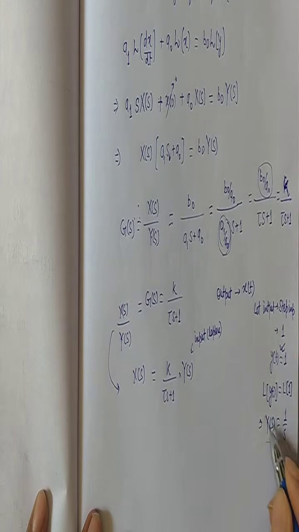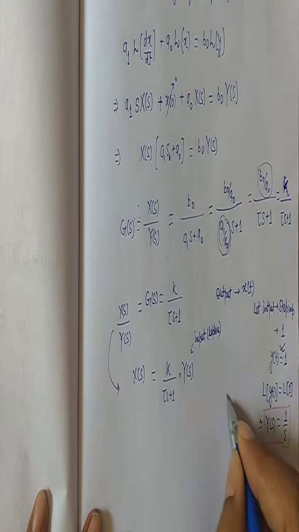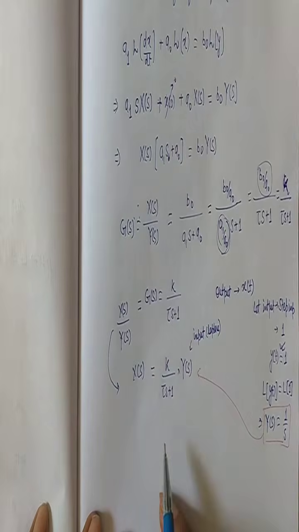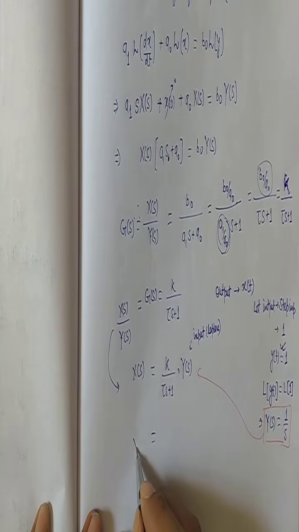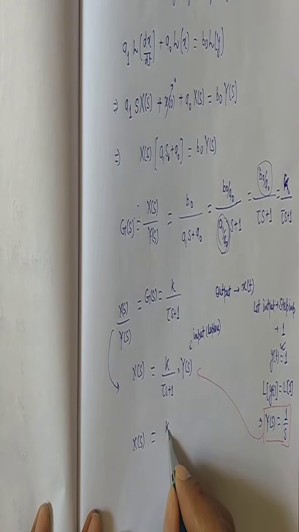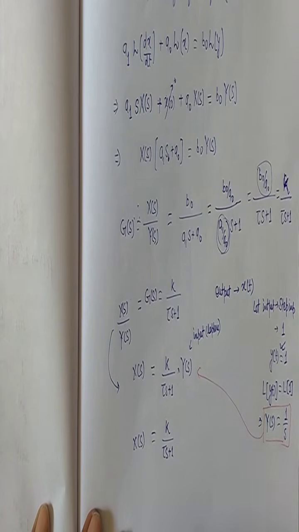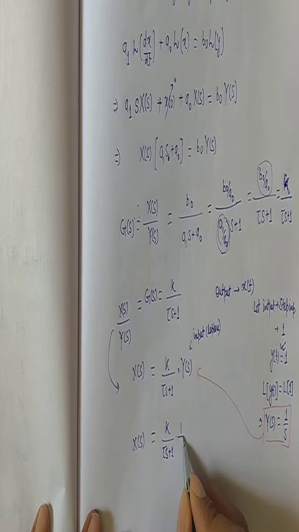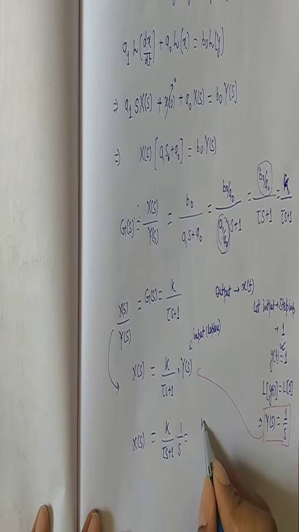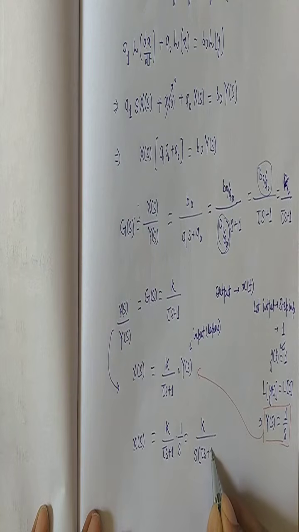Now this I substitute here. So what I get, the output X(s) as k by (tau s plus 1) times 1 upon s. So essentially I am getting k by s times (tau s plus 1).